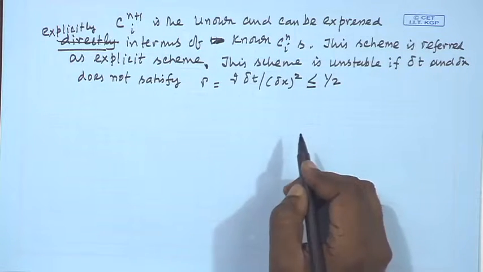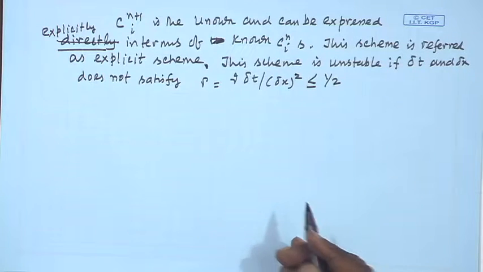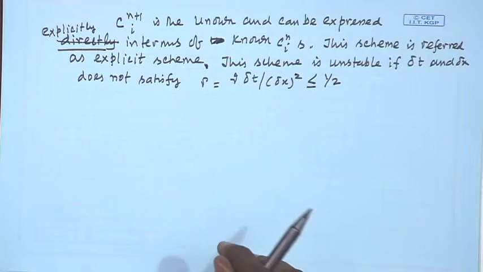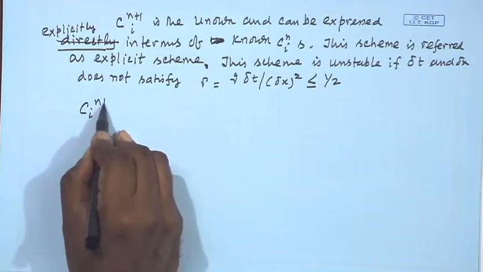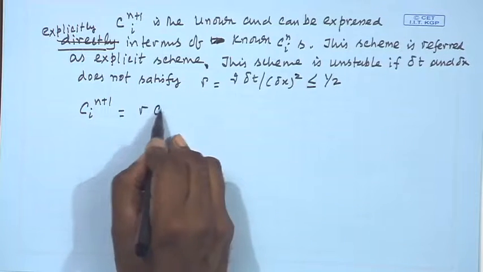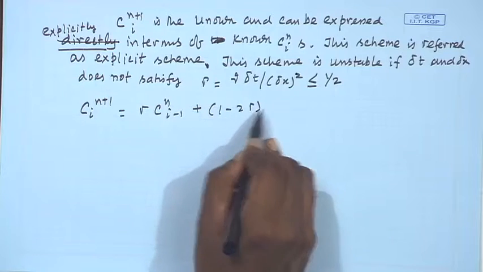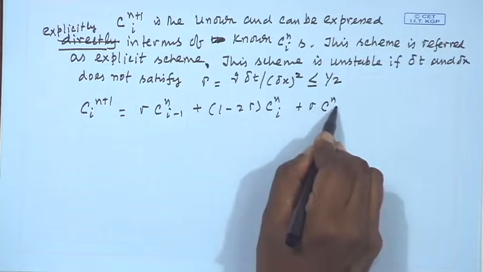Now one advantage is that we can write directly the Ci n plus 1 in terms of all these Ci n. Basically, we can write Ci n plus 1 equal to r Cn I minus 1 plus 1 minus 2r Cn I plus r Cn I plus 1.